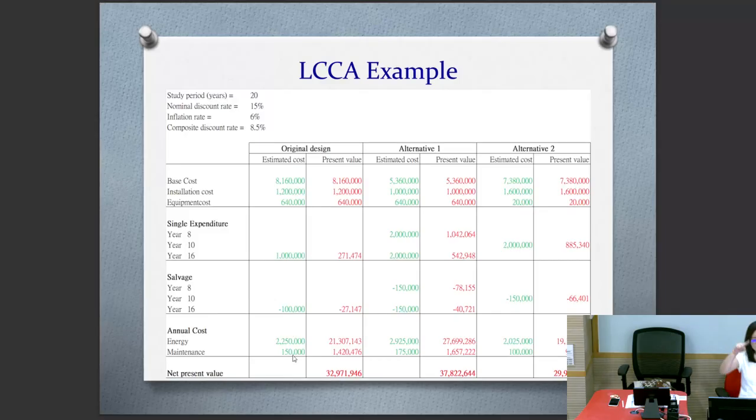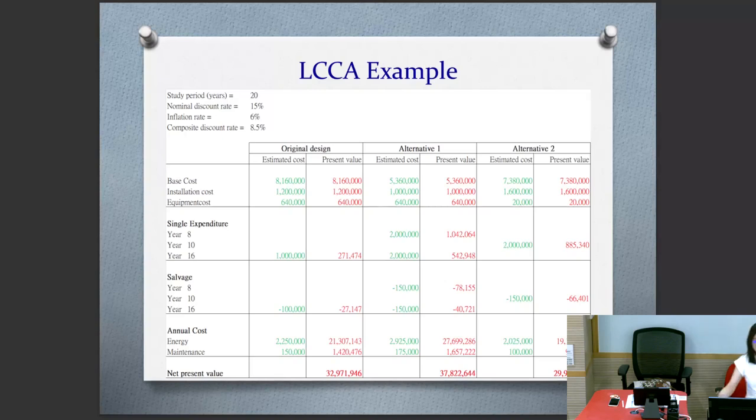And N will be 20 years. Every year you have to pay this amount for the future 20 years. So we use that equation highlighted in blue. N will be 20, and the real discount rate is 8.5%. These are the future recurring costs, and the total present value over 20 years will be these, and these.